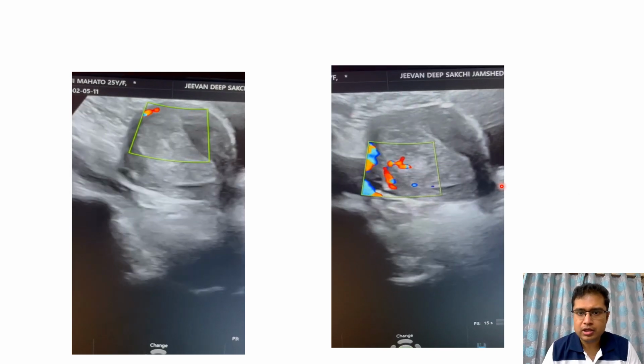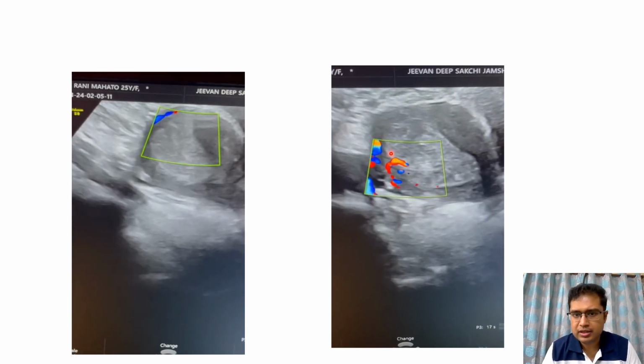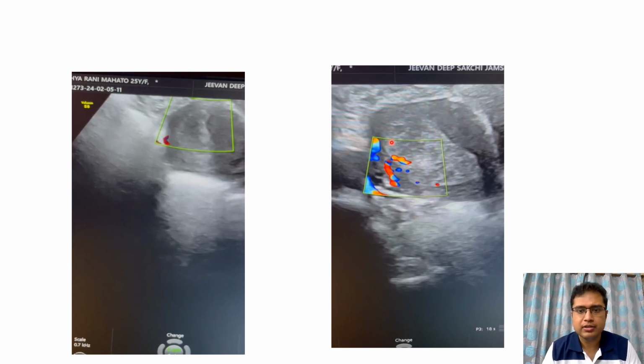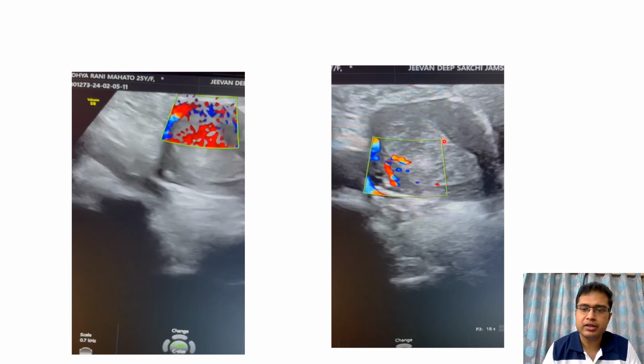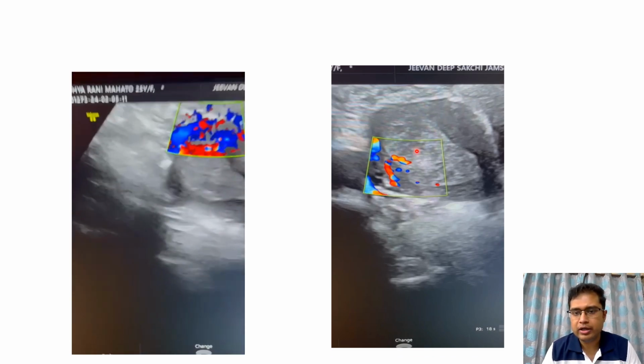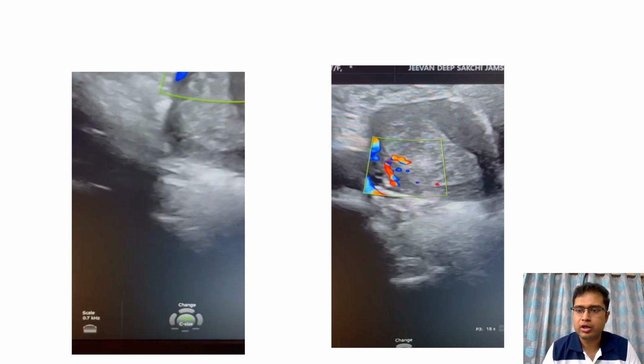And these are the color Doppler images. We can see that it is being supplied by this artery. It's called the feeding vessel sign. Intracavitary homogeneous mass lesion along with feeding artery sign is typical of endometrial polyp.